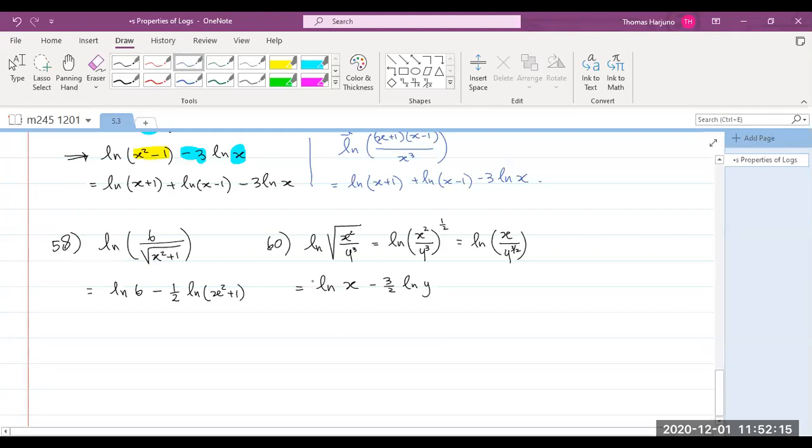Now, alternatively, you can also do it this way. You can see this as natural log of x squared over y cubed, to the power of 1/2. So I apply rule number 3 first. And then I apply rule number 2.